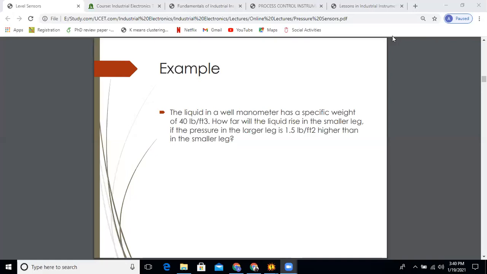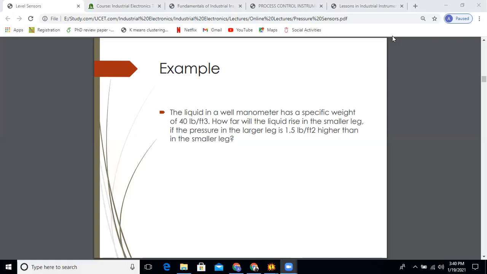The liquid in a well manometer has a specific weight of 40 pounds per feet cube. How far will the liquid rise in the smaller leg if the pressure in the larger leg is 1.5 pounds per feet square higher than in the smaller leg? In this example, we have to measure the height, how much it is higher than the smaller leg.